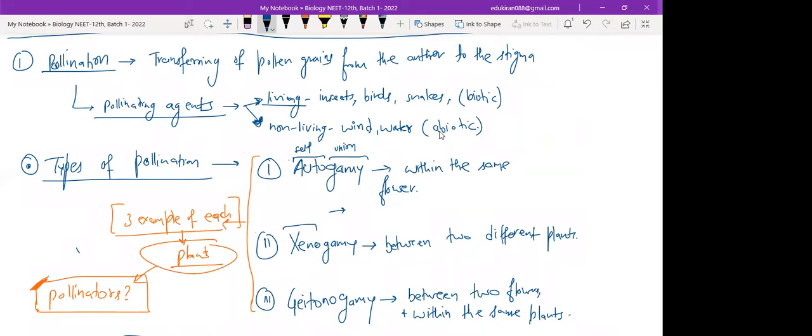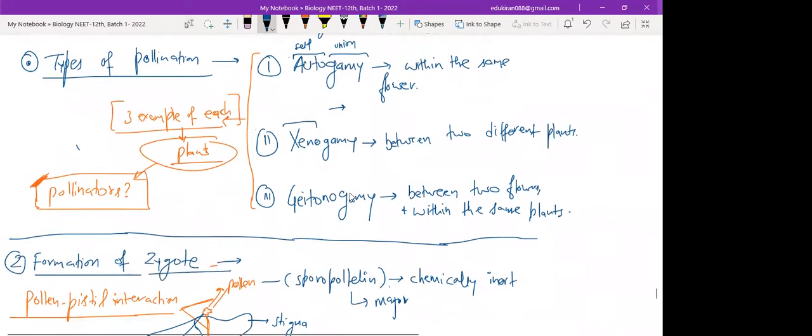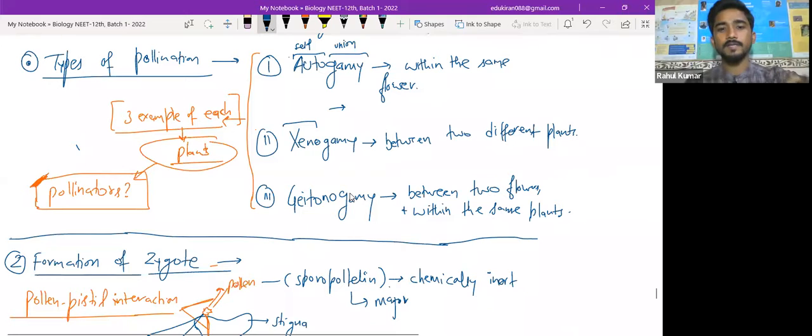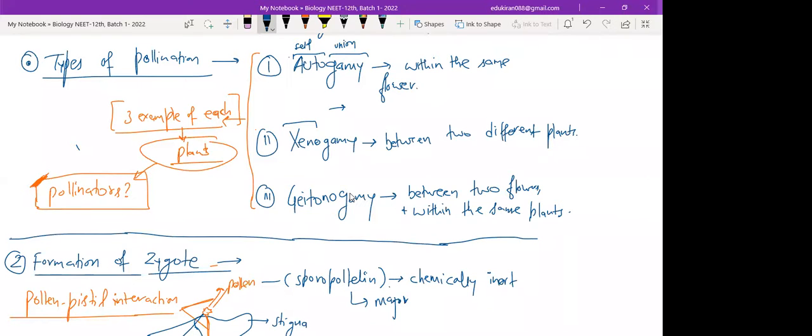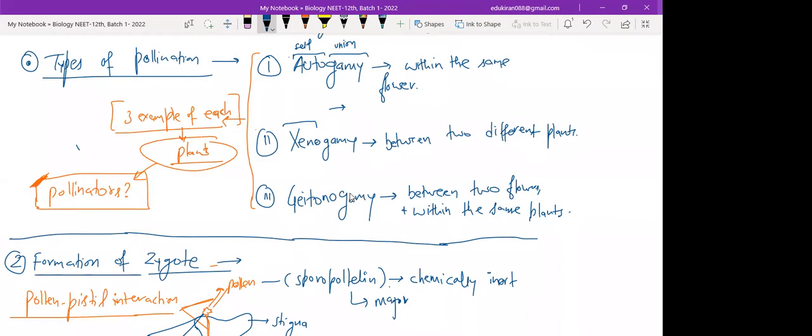We studied types of pollination. One is autogamy, second is xenogamy, and third is geitonogamy. Autogamy, xenogamy, and geitonogamy. In autogamy, it is self-pollination in which pollination takes place in the same flower.